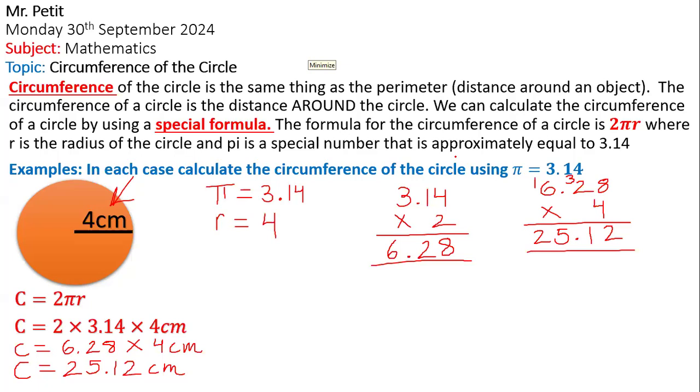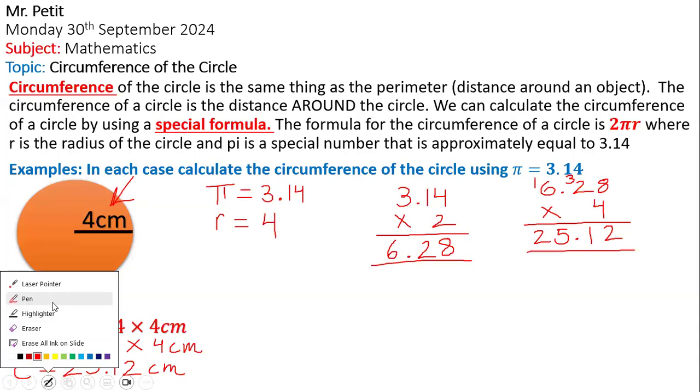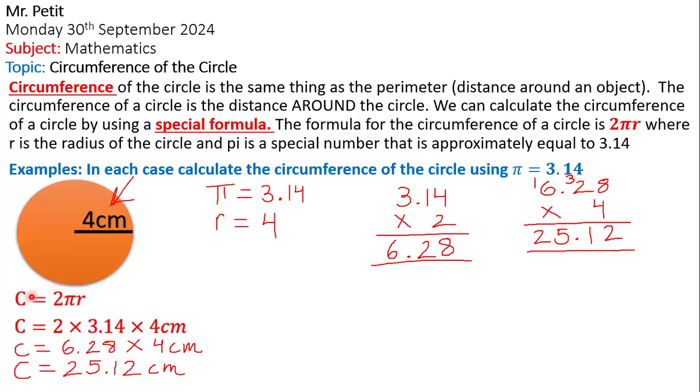Okay, let's redo it. For those of you who don't understand, all we're doing is using this formula. The formula for the circumference is 2 times pi times r. Now, in this case, Tiffany, what is pi?